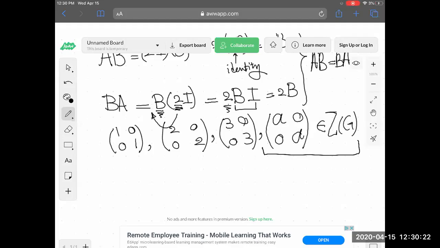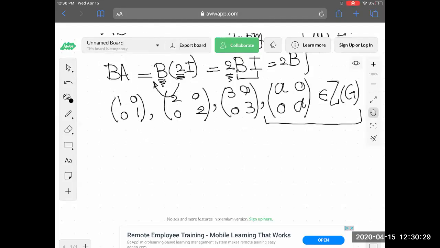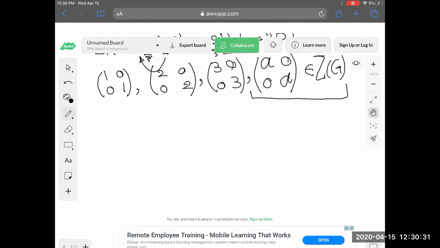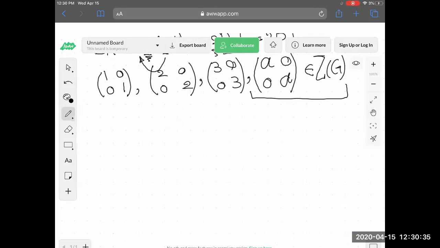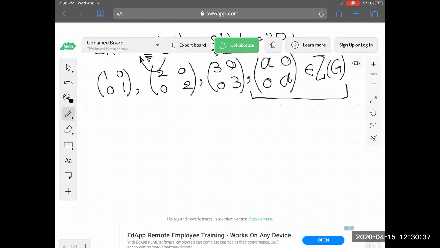Do you have any guess? You can just guess. Even guessing sometimes is not very bad. You should guess and then try to prove or disprove your conjecture. What do you think? Is there any other element with this property?